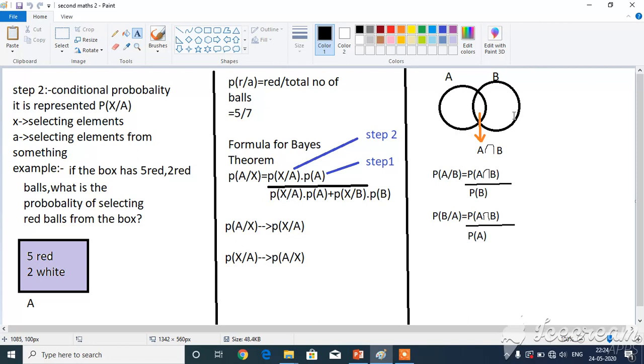The definition is: let A and B be two events in a sample space S. Finding the probability of occurrence of A, here we are finding the occurrence of A over B. When the event B has already occurred, then such a representation is said to be conditional probability.